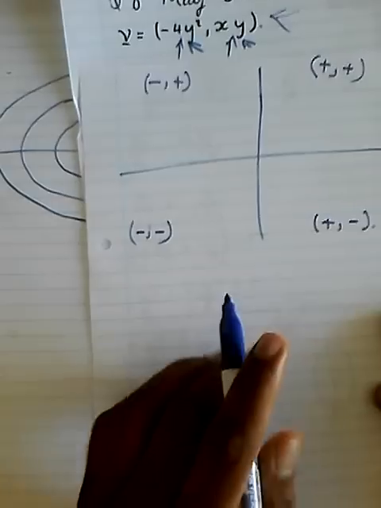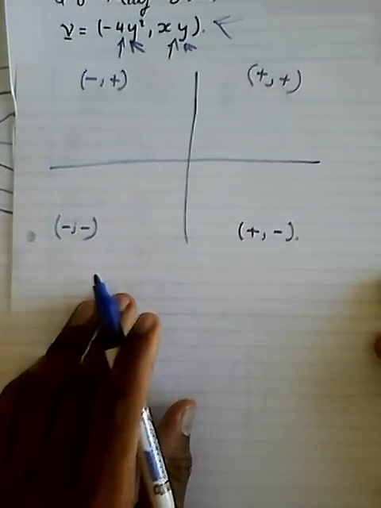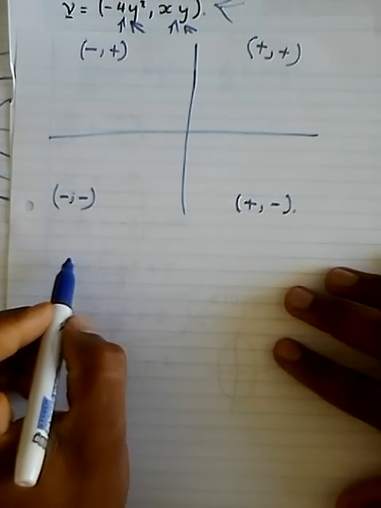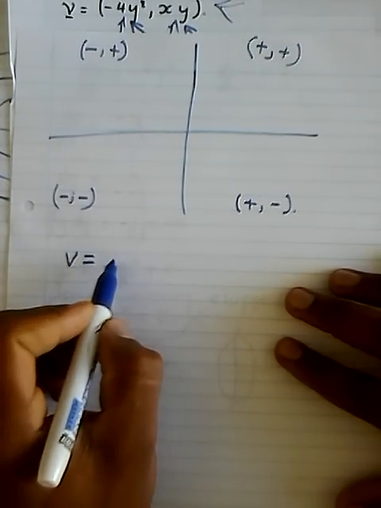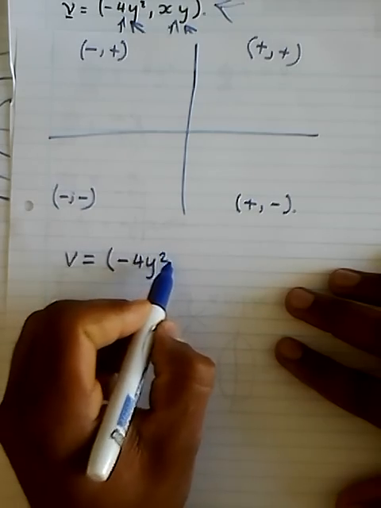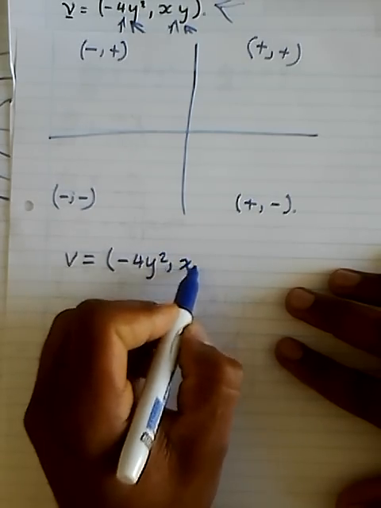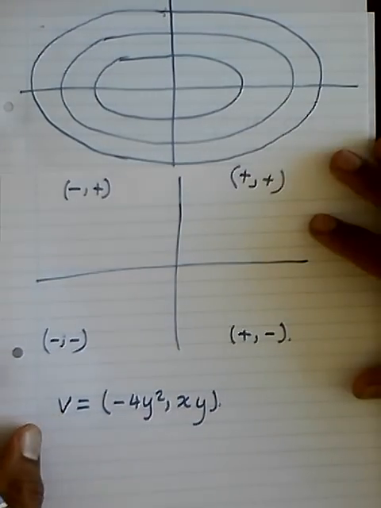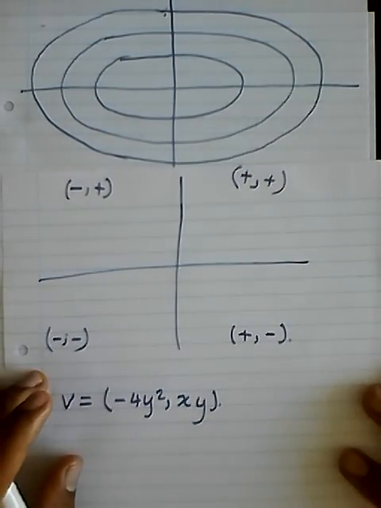Okay, having these, let me write my equation here. So we have v is equals to minus 4y squared, xy. Okay, and then take this one away and bring my drawing here. Okay, everything is there.